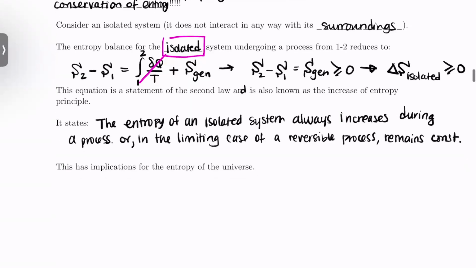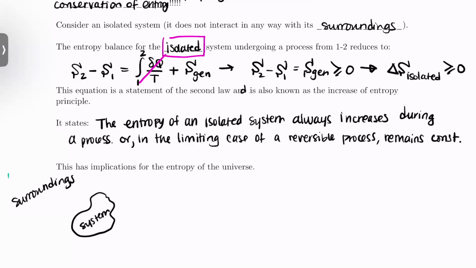Okay, so this has implications for the entropy of the universe. If we consider a system and its surroundings, the system and its surroundings can be viewed as an isolated system since both can be enclosed by a large enough boundary across which there's no heat, work, or mass transfer.